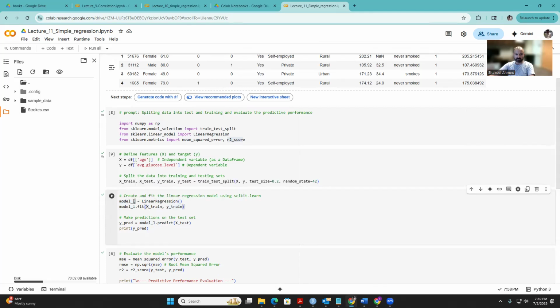Basically, this is the model object from LinearRegression, which is the class of the model. From this model, we fit a regression of the dependent variable, and then we can predict the values of Y using X test.